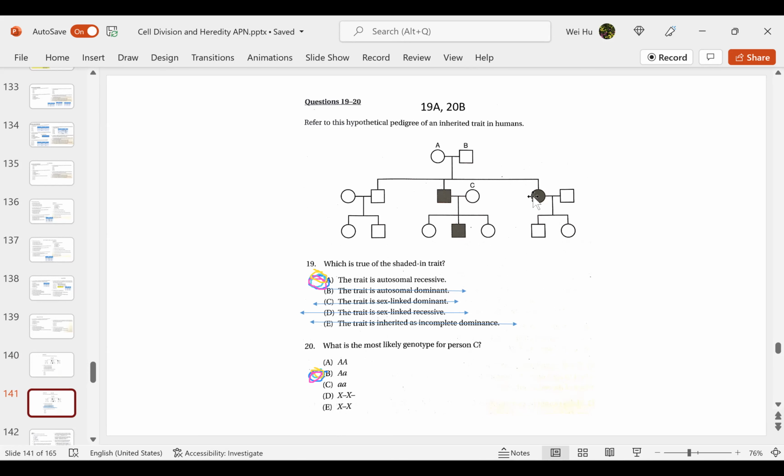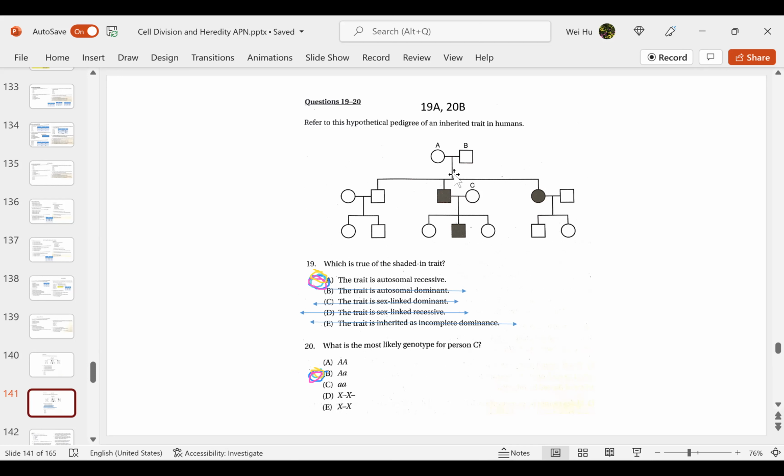So the daughter, see this one? The daughter gets the disease. So this is impossible if it is an X-linked recessive disease because she has to have both alleles carrying the disease gene. So the mother can give one, no problem. The father also has to give one.